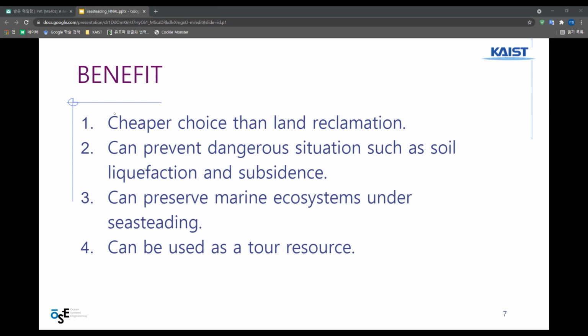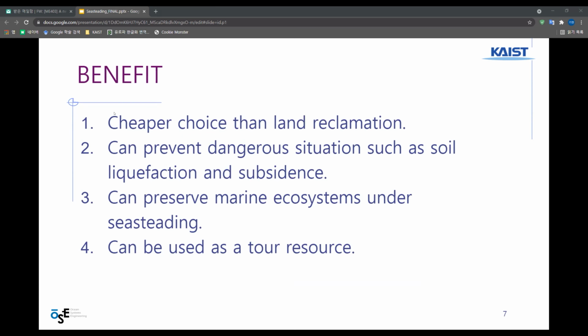Second, it is free from soil liquefaction and subsidence occurring in reclaimed land. Soil liquefaction is a serious problem. It is considered the cause of the disaster in the Kobe earthquake in Japan.